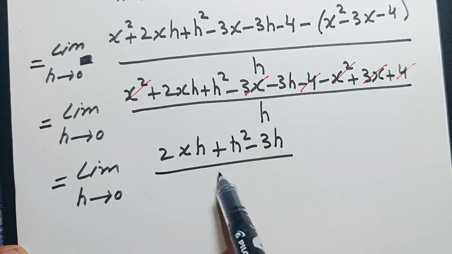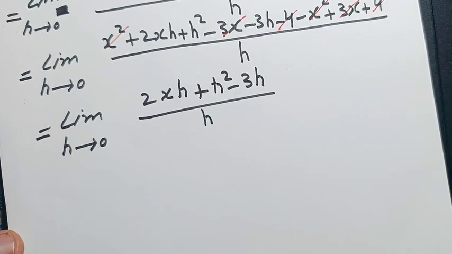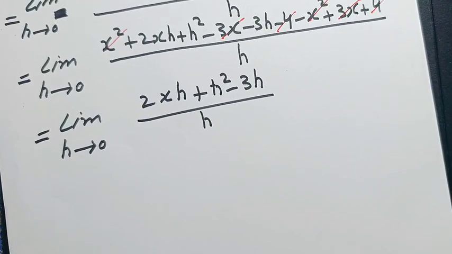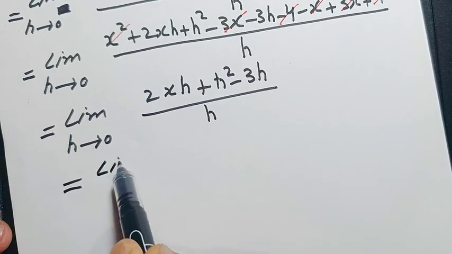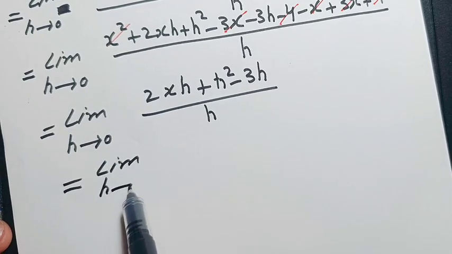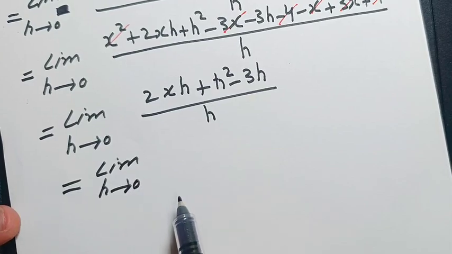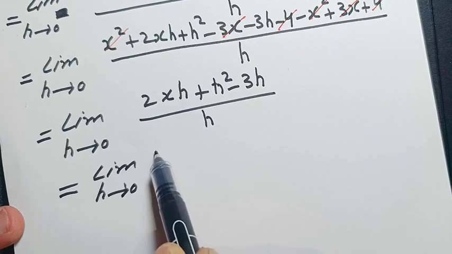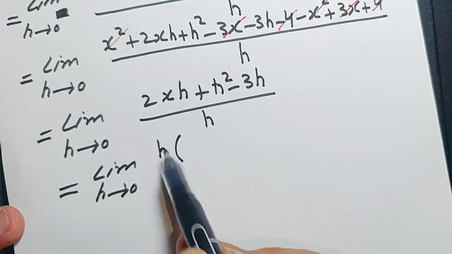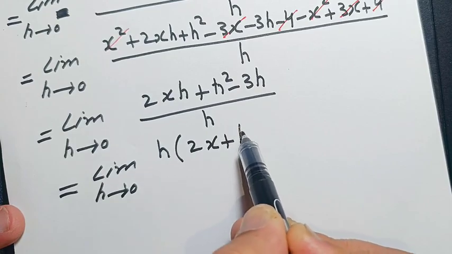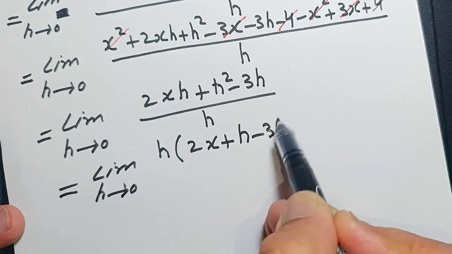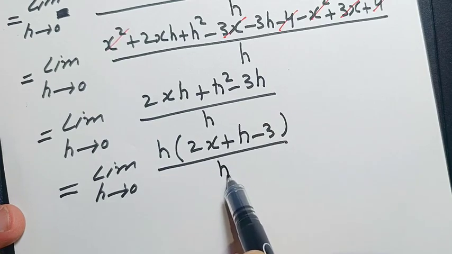We are only left with this over h. Now again limit h approaches 0. Now h is a common factor, so what is left there is h times (2x plus h negative 3), over h.